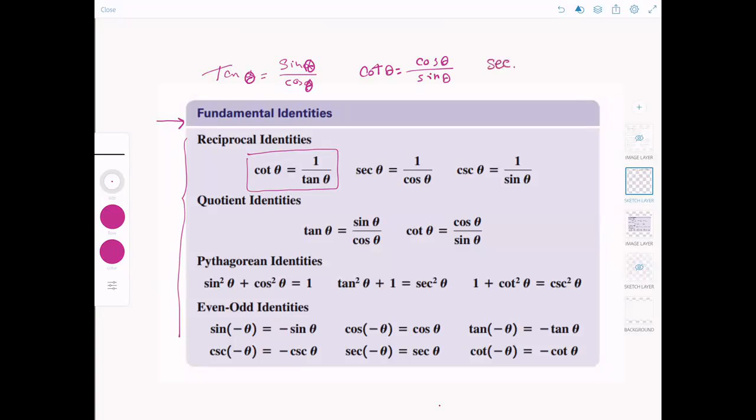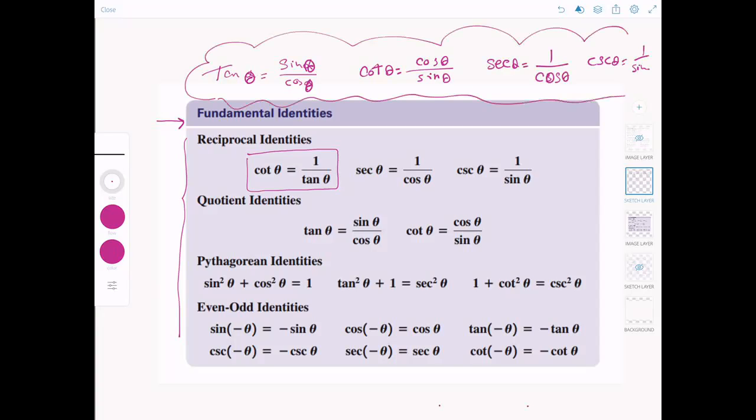Then we have secant of theta equal to 1 over cosine of theta. Cosecant of theta is 1 over sine theta, correct? This much comes from the beginning, correct? Then this is coming from here. So cotangent equals 1 over tangent, you can just memorize it. Secant of theta equals 1 over cosine, which I wrote here. Cosecant is 1 over sine. I wrote it there.